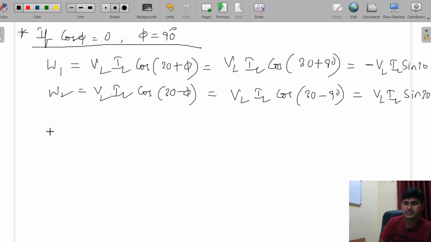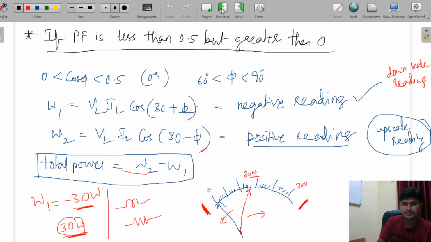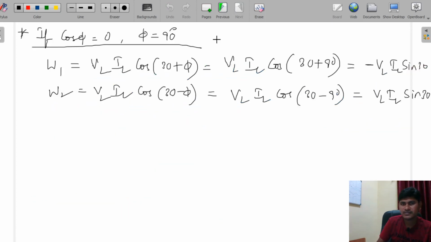That is again similar to this case. Again W1 is a negative reading and W2 is a positive reading.